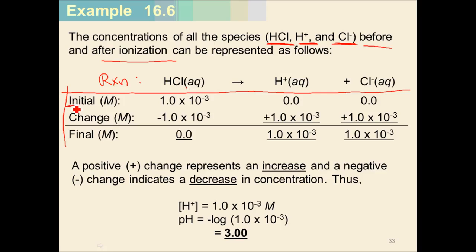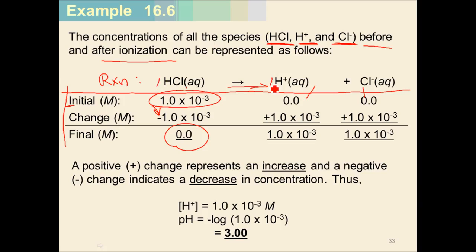Your initial concentration of hydrochloric acid was 1 times 10 to the minus third. Your change in that hydrochloric acid concentration is going to be all of it, because it will completely ionize. So in our change line, put minus 1 times 10 to the minus third. So your final concentration of your acid, a strong acid, is 0. The hydronium ion concentration and chloride ion concentration were 0 initially.